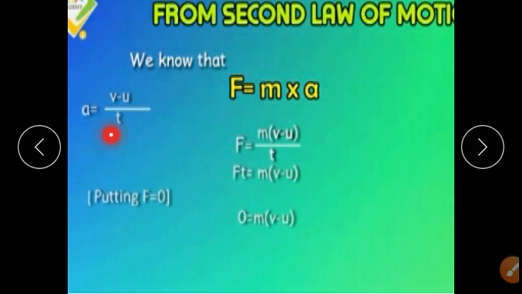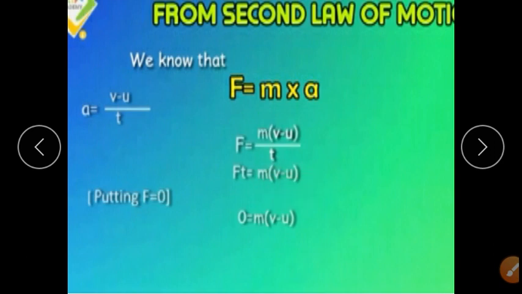A is equal to V minus U divided by T. Substitute here. Therefore, we can write F is equal to mass into V minus U divided by T. Then you bring this T from RHS to LHS. Then it will become F into T equal to M into V minus U.